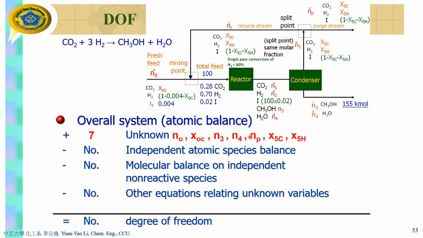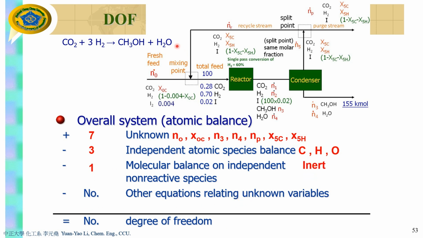So how many independent atomic species balances? You just got the right answer in Kahoot, right? 1, 2, 3: carbon, hydrogen, oxygen. How many molecular species balances? One, which is the inert gas.